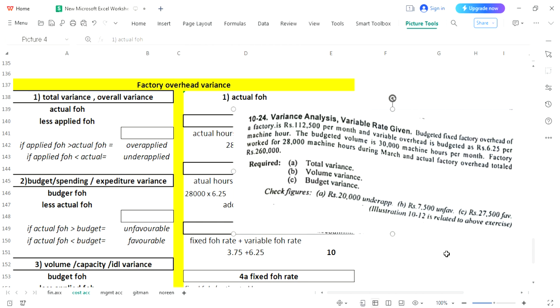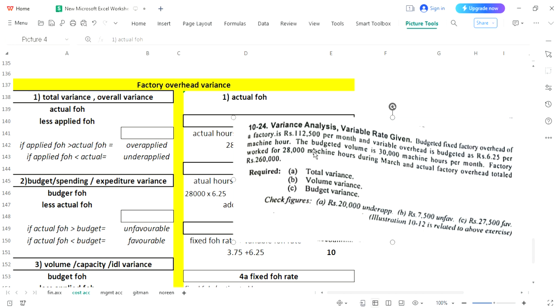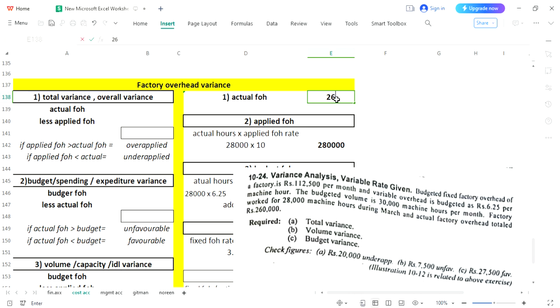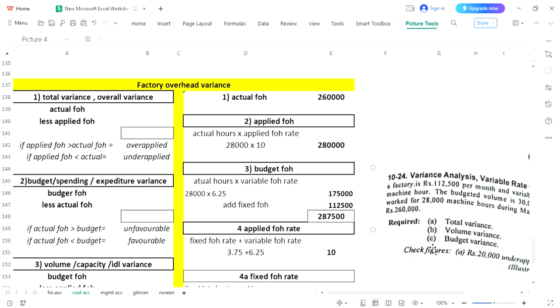Here you have seen 28,000 were actually worked hours on March, and actual FH is clearly mentioned, 2,60,000. So we are going to put 2,60,000 over here. So finally, all of our supporting calculations are completed.